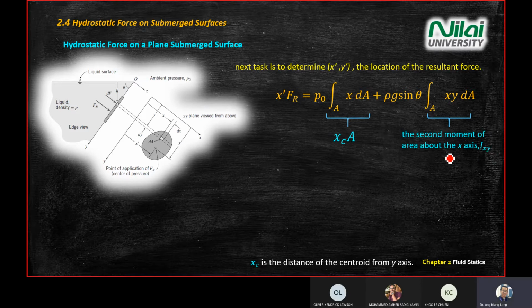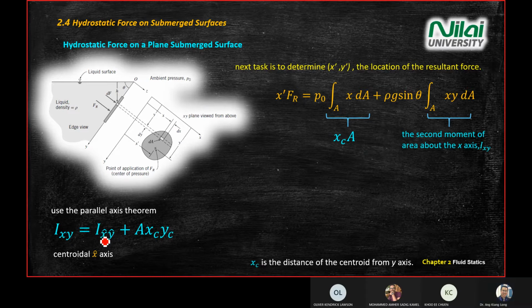There's a formula to calculate Ixy also, so I put it on the screen here. We will use the parallel axis theorem, so we can write Ixy equal to I through the centroid location, x bar y bar, Ixy, plus A x centroid y centroid. So this is a parallel axis theorem that we derive for a second moment of area. All right, this one should already be covered in the statics or dynamics chapter.